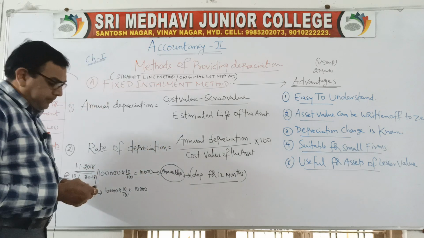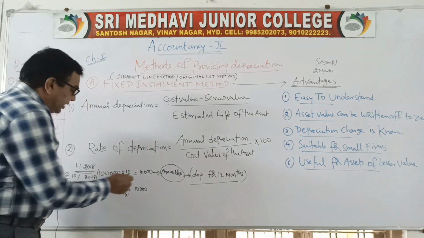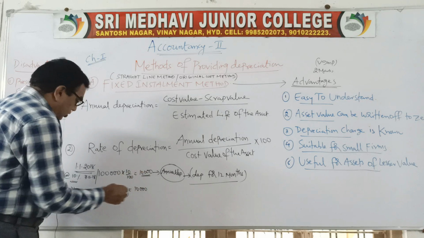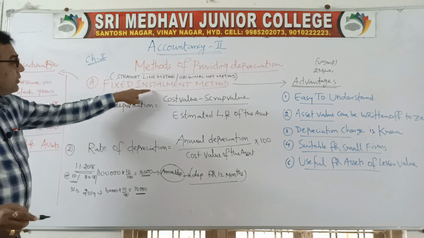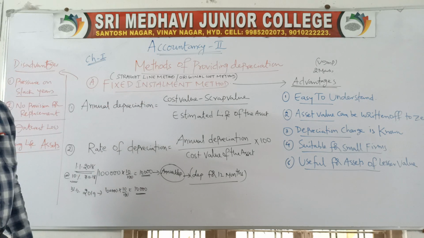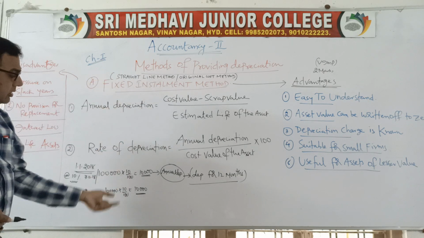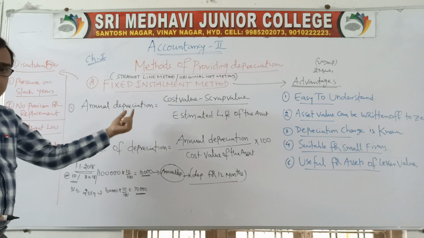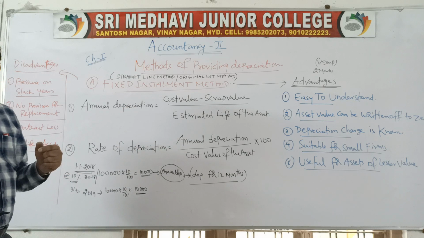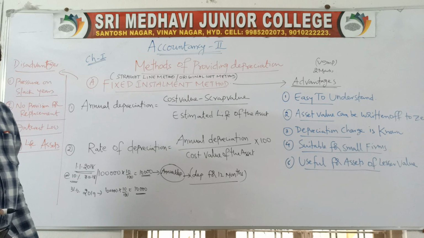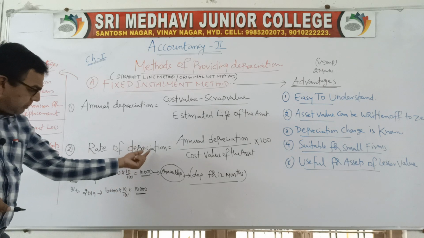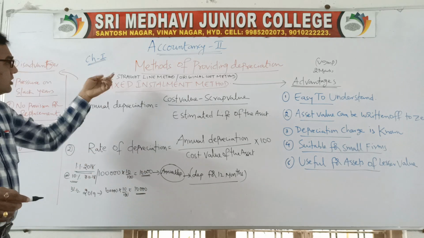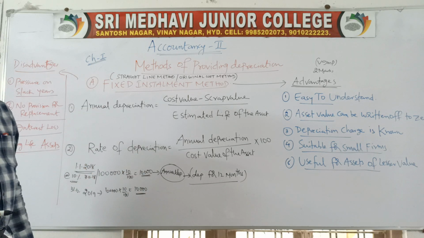So you can see here, in the year 2018 it is 10,000, and in 2019 also it is 10,000. It is fixed. That is why it is called the fixed installment method. Straight line method, because the depreciation is the same for all the years for which you are preparing the ledger. Even if you prepare this ledger for 5 years or 6 years, the depreciation amount remains the same.